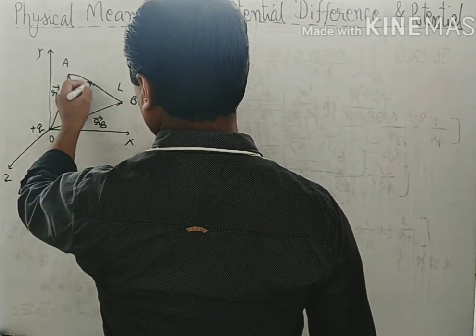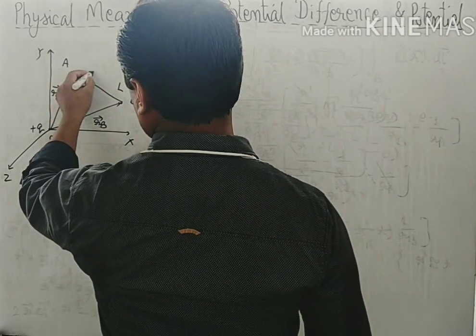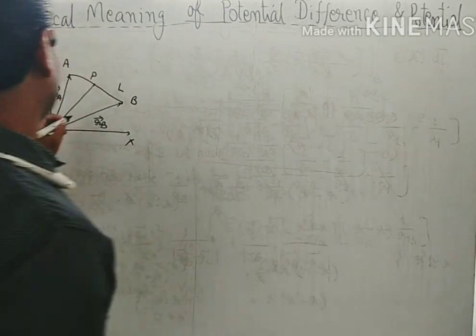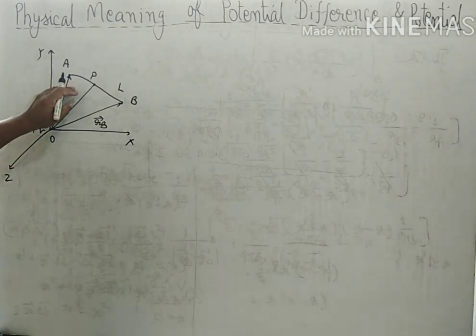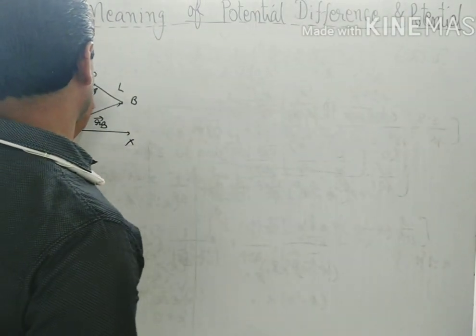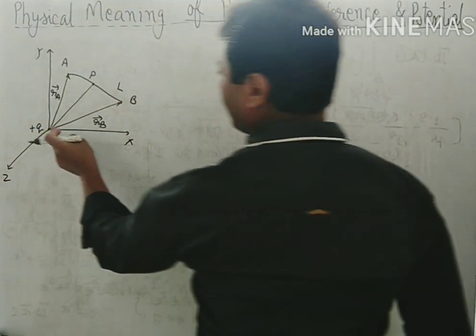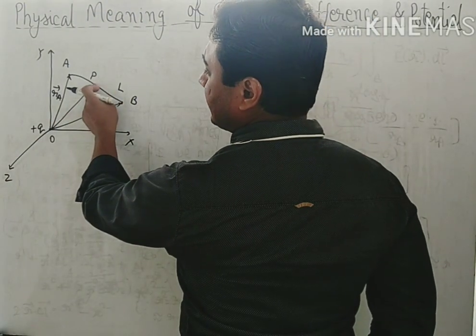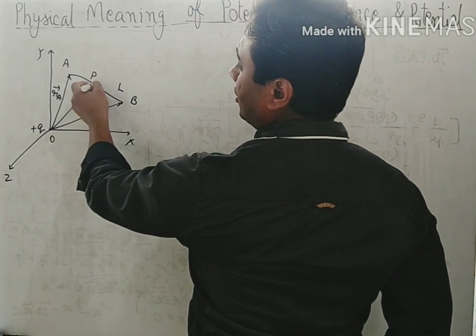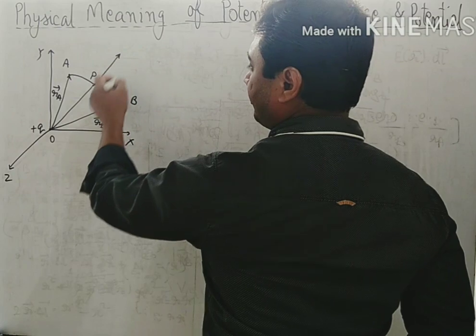Now take a point P on this path. The position vector of this point P is say r in general, and the electric field intensity at point P due to this plus Q charge is along this.